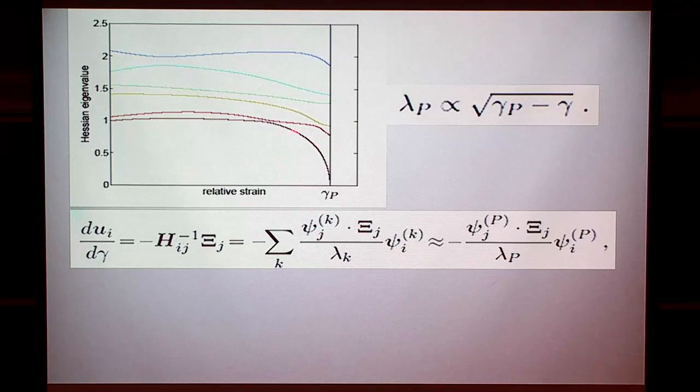And now when one of the eigenvalues becomes very small, this sum is going to be dominated by that fellow, and the projection will be dominated by the eigenfunction that is associated with this eigenvalue that is going to 0. So now we see that the non-affine field is dominated by the eigenfunction that is associated with the eigenvalue going to 0. This is an exact statement every time you have such an instability.